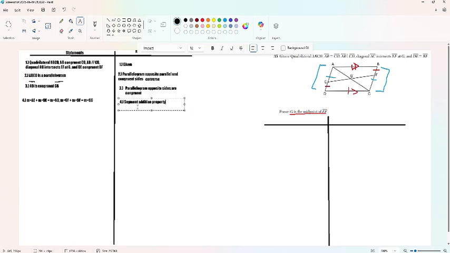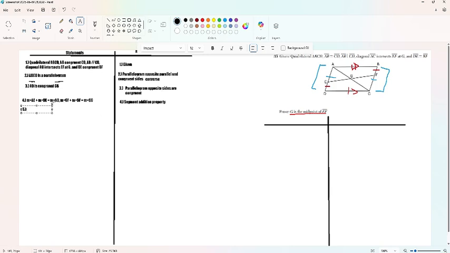Okay, after we know that this is segment addition property, we can use transitive property to isolate AE and CF. But before we do that, we need to prove that the measure of AD is equal to the measure of BC. Because if we don't do that, then we're just saying congruent, and that does not work.